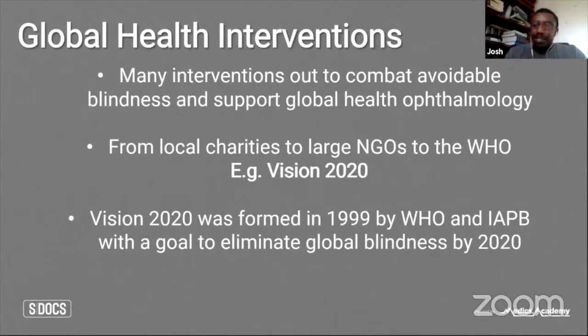So this is an important case study in the concept of global health ophthalmology. I'm not going to go into it any more for this particular series, but it's really interesting to read through the things that movement instigated, some of the successes they have had and some of the challenges they've had since 1999. So that's Vision 2020.